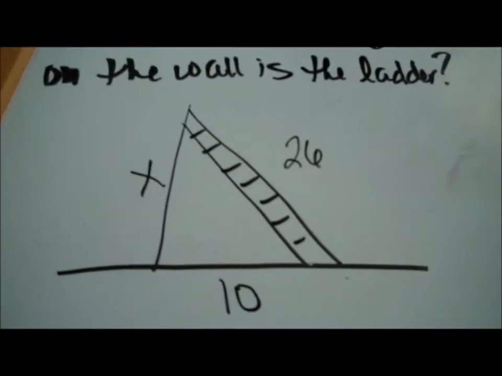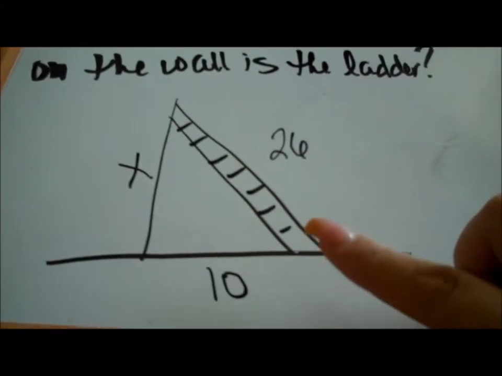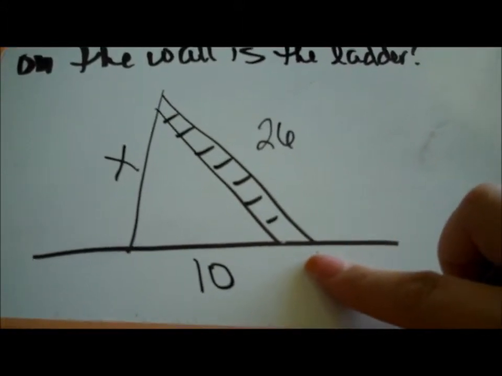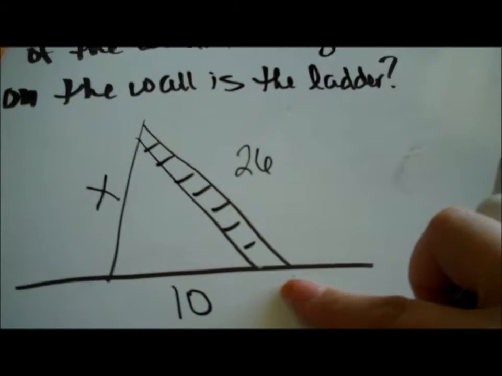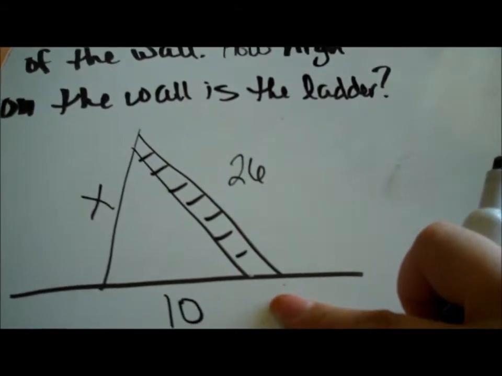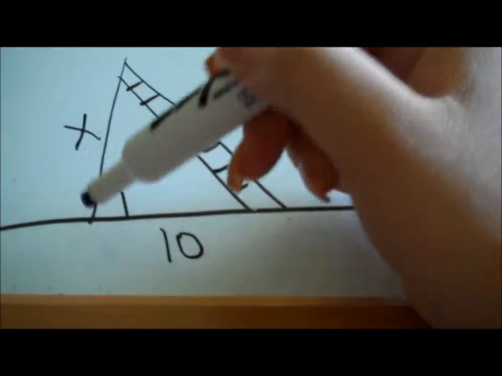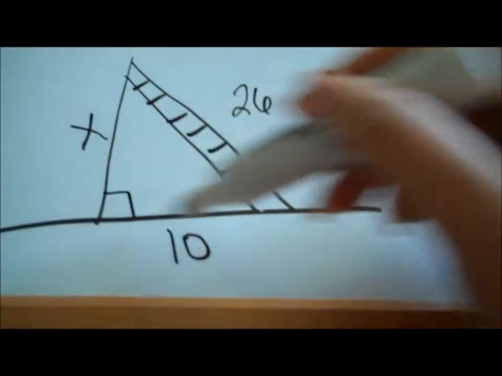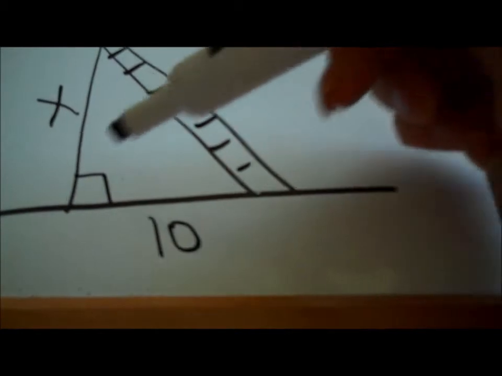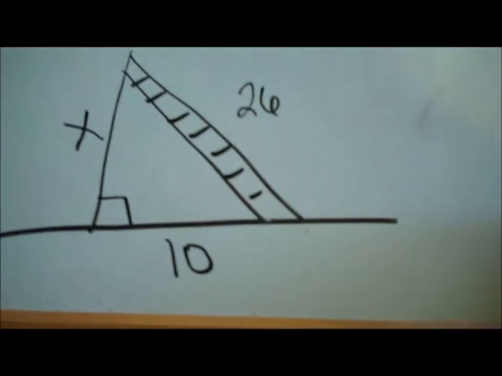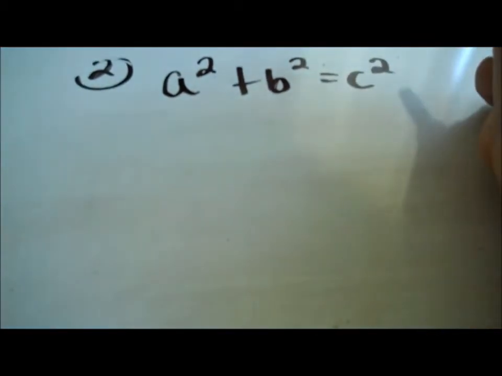So again, your picture is good for identifying the variable. It lets me know what x is representing. We need to come up with an equation. Notice here that this is a right triangle. Walls are perpendicular to the ground, meaning that it meets it at a 90-degree angle. So we have to use the Pythagorean theorem here. A skeleton equation would be a squared plus b squared equals c squared.